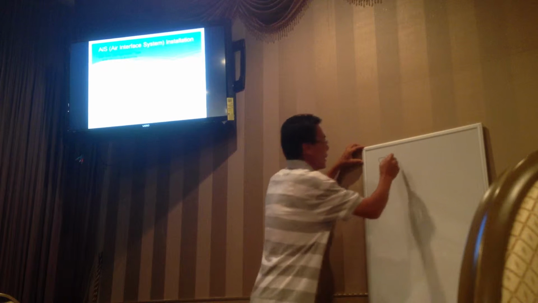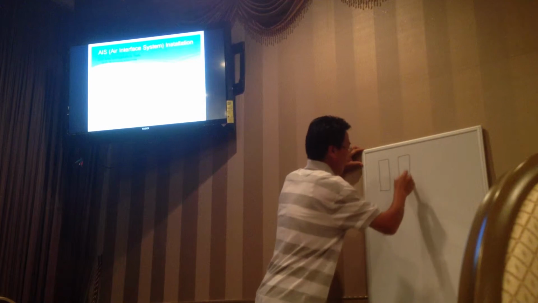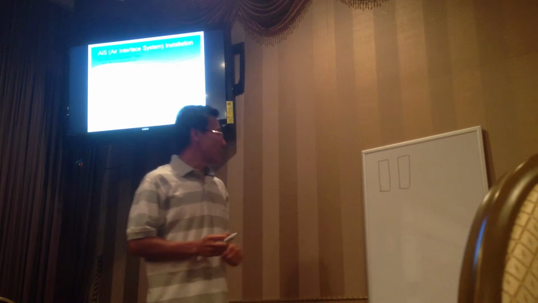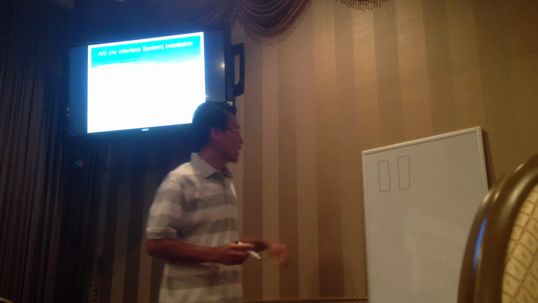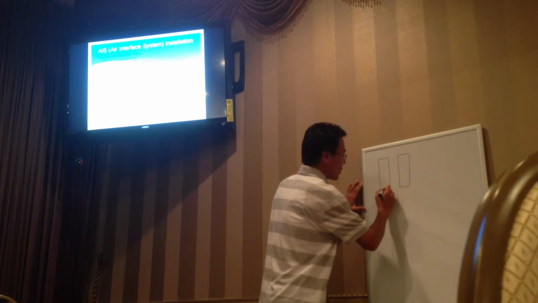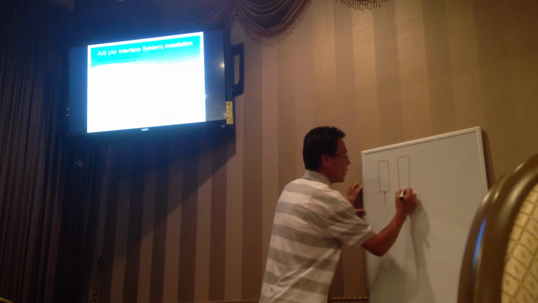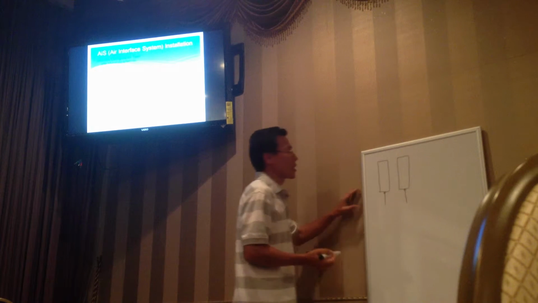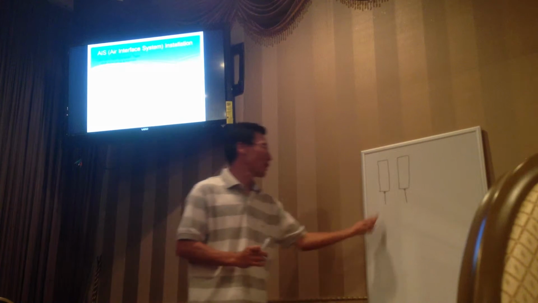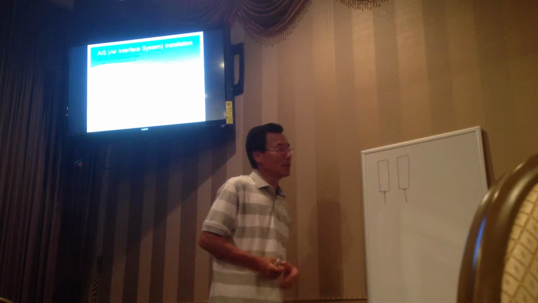Let's see the antenna, how the antenna migrates from old to new. In a very old system, there's one RF connector either at the bottom or from the back. We call it the bottom feed or back feed, right?